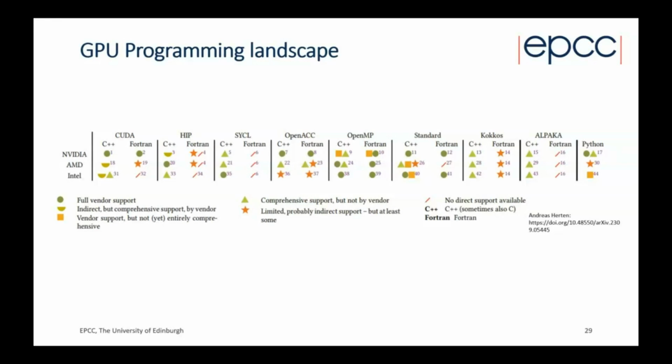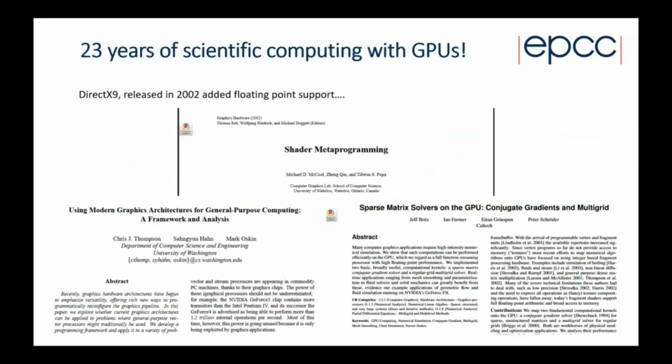Obviously, NVIDIA is a bit ahead of this because they started early, but just be aware, no matter how you go about programming a GPU, you will potentially have limitations on portability at this stage. Being able to program at this kernel level will give you access to the most performance, but you may need to alter what you're doing in order to access different hardware targets. So that's still a mixed picture.